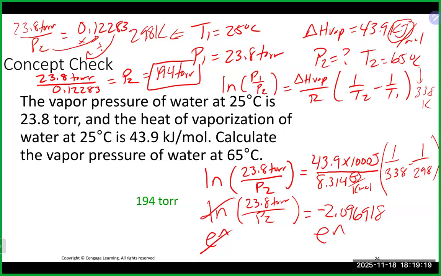And because we have more gas molecules in the vapor above the liquid, that should translate to a higher vapor pressure. And we definitely see a much higher vapor pressure at the higher temperature than we do at the lower temperature, where there's less energy and fewer molecules that can escape. Any questions on that calculation there?